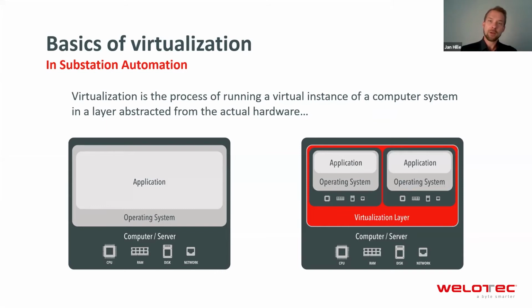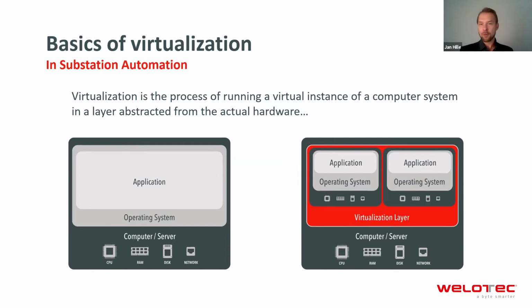If you now take a look at the right picture, you see we added a virtualization layer there, which is called a hypervisor. What this hypervisor is doing, it takes the resources like the CPU, RAM, disk, network, and also other interfaces like USB or serial interfaces, and manages these resources for the machines running on it.